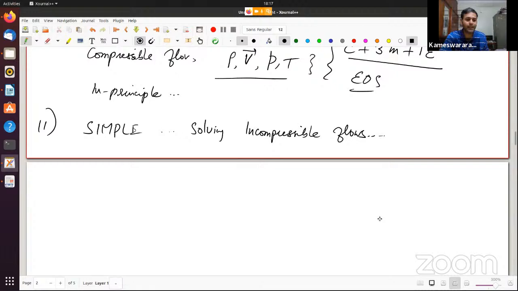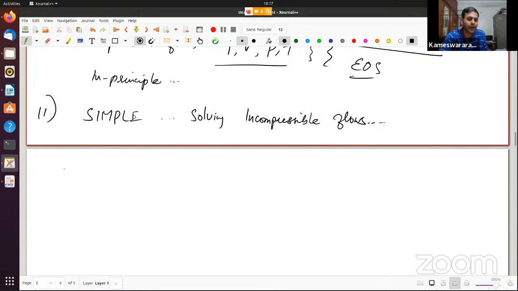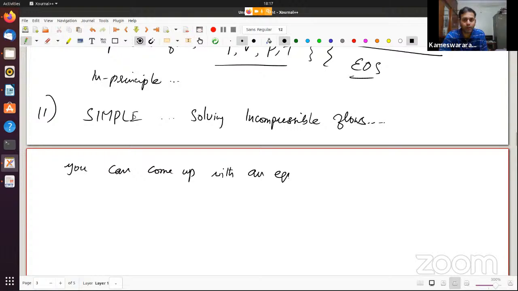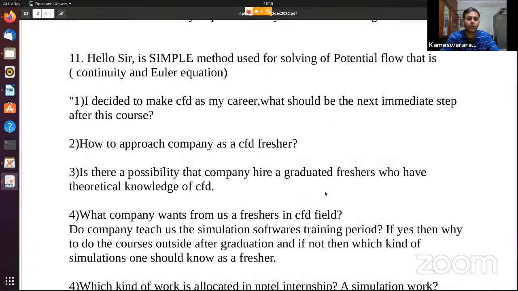The only thing is that it allows you a way by which you can come up with an equation for pressure, which was absent otherwise. So that's what it will help you. That's about the 11th question.